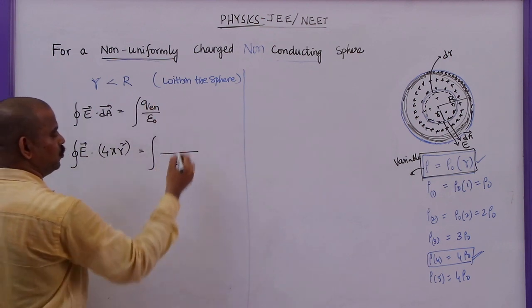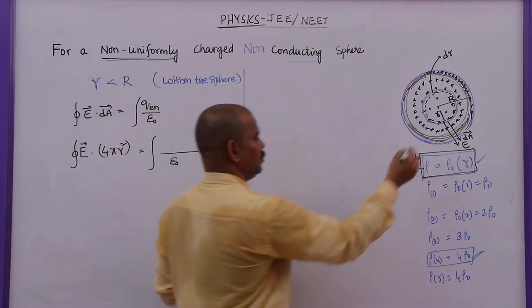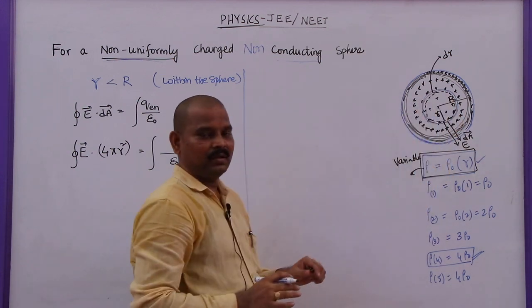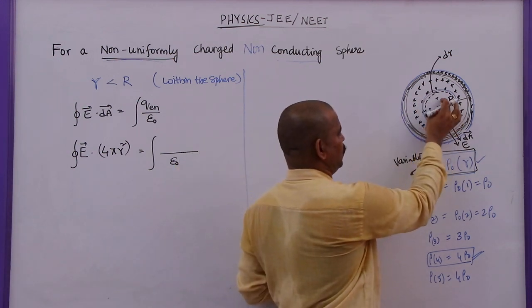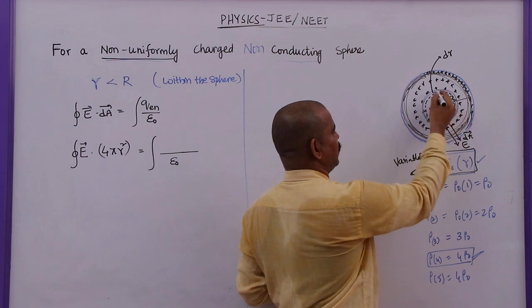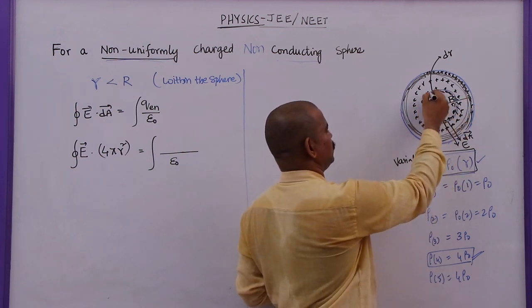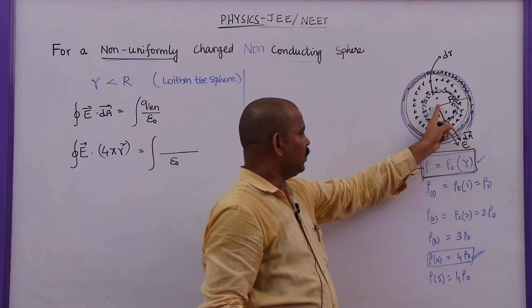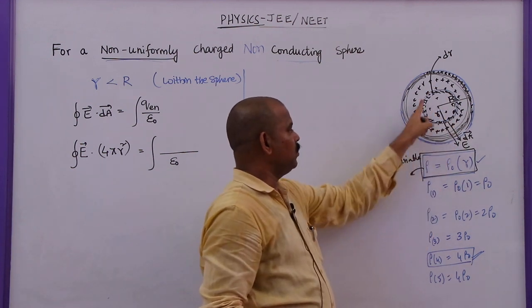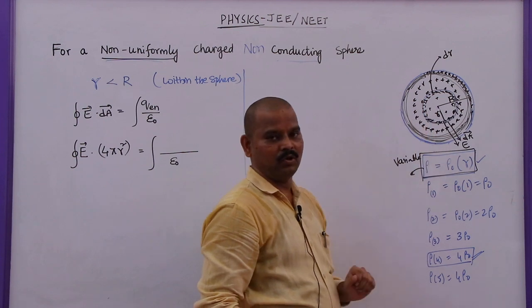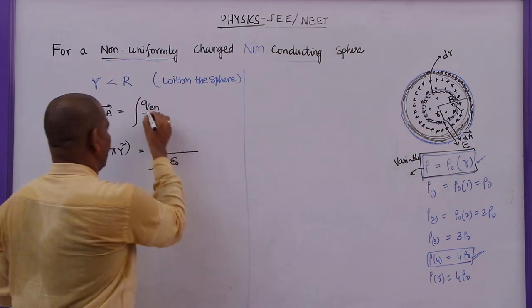What is this Q? The charge present within this one. Here the charge is 0, and here the charge is more. So in a small strip, first let me find the charge. Then I will integrate with limits 0 to r, and then I will get the total charge within this small volume. Now what is this charge?